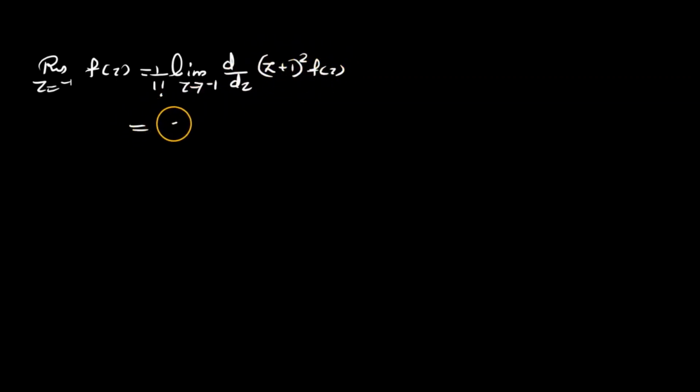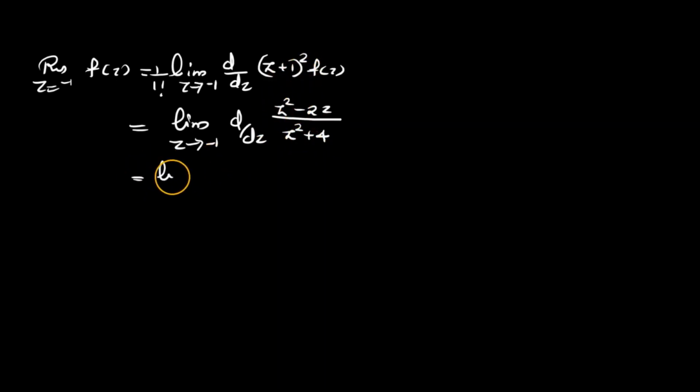So, limit as z tends to −1 of d/dz of (z² − 2z) divided by (z² + 4), since (z + 1)² cancels.